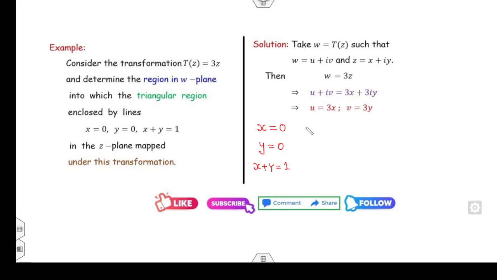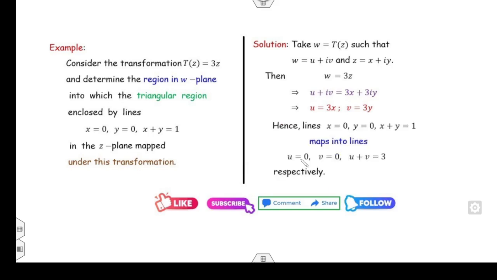Now, can you find the values of u and v? Whenever x is equal to 0, that means u is equal to 0. Whenever y is equal to 0, that means v is equal to 0. And whenever x plus y is equal to 1, if you add them, u plus v is 3 times x plus y. Therefore, u plus v is equal to 3. Now, can you draw the graph in the uv plane?